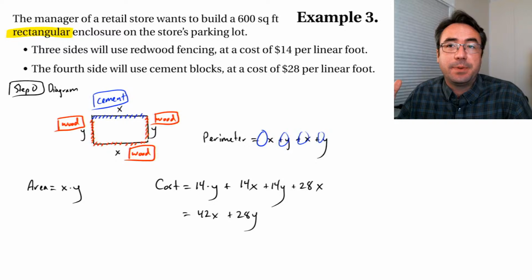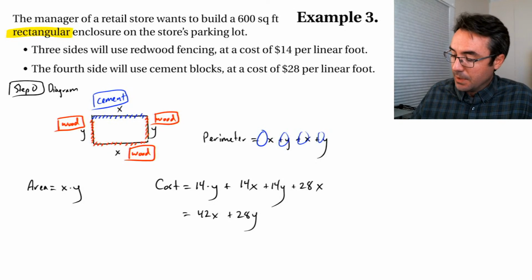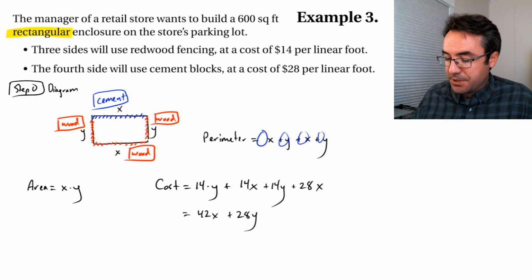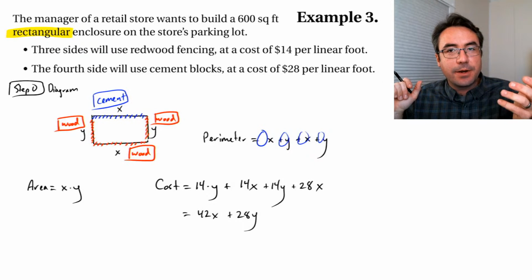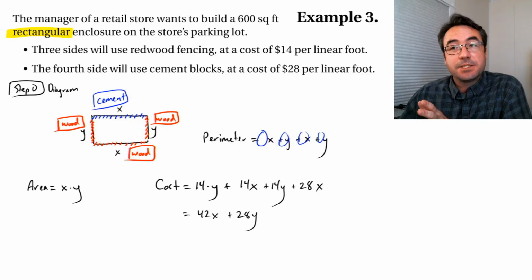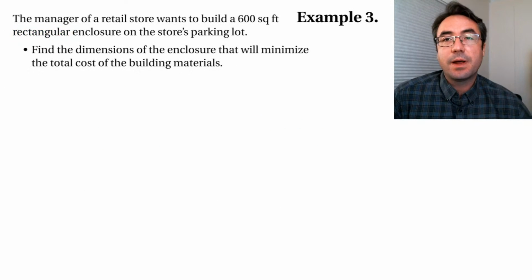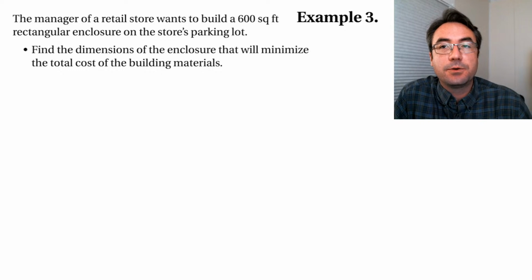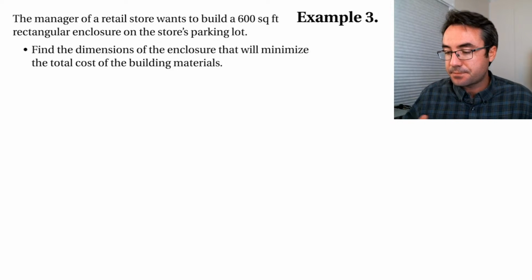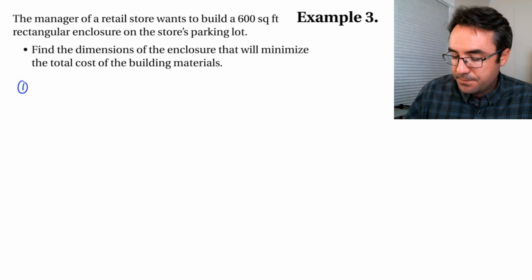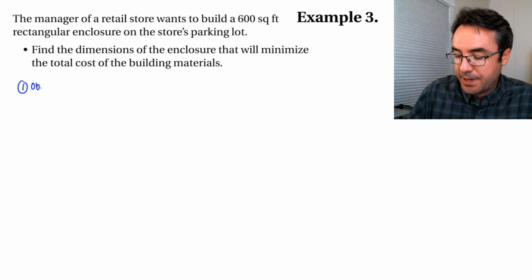We've modified it a little bit so that we're going to be dealing with cost. All right, so now let's actually go to the problem. We have these different gadgets we might be considering for our diagram: area in terms of x and y, possibly cost, possibly perimeter. But we want to find the dimensions of this enclosure that minimize the total cost of our building materials. So the next step is to identify the objective and constraint equations.